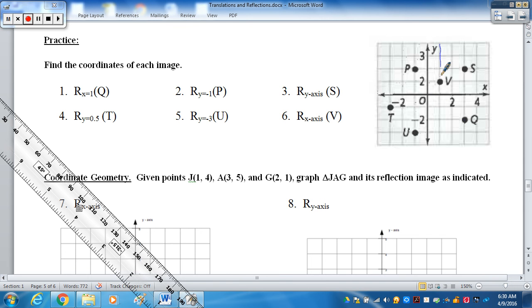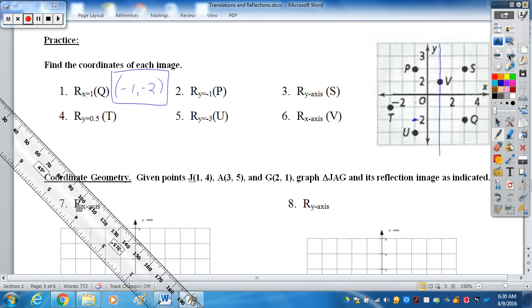X equals 1 is this line right here. So to reflect it across it, 1, 2, 1, 2, this point right here is the point that you want to describe. So it would be negative 1, negative 2. That's what I'm going to write down for my answer. If I was to reflect point Q across this line, this is where that point would lie, okay?